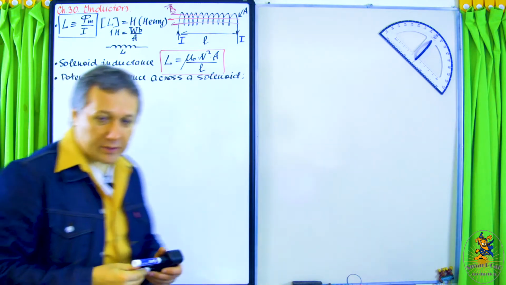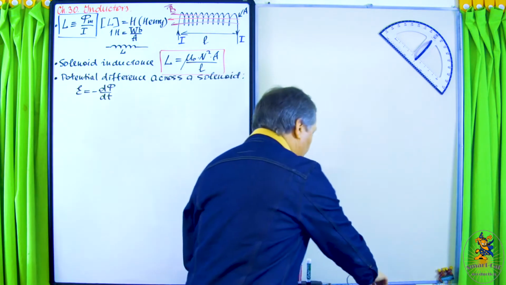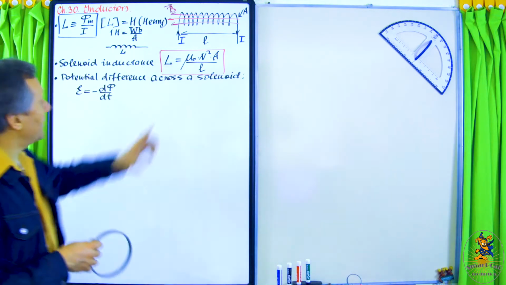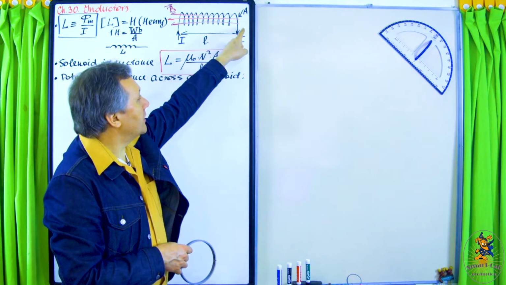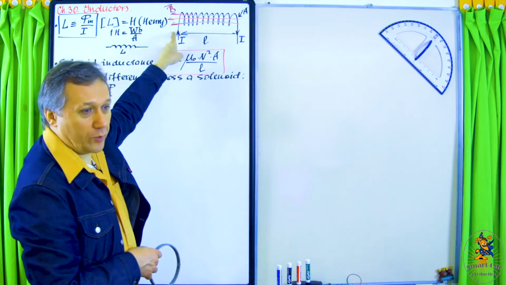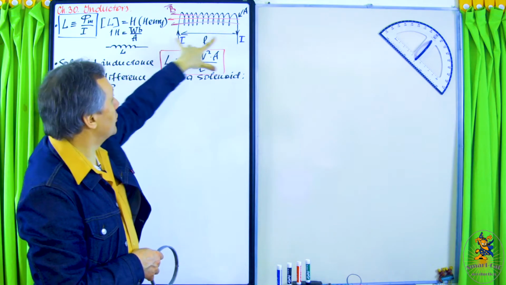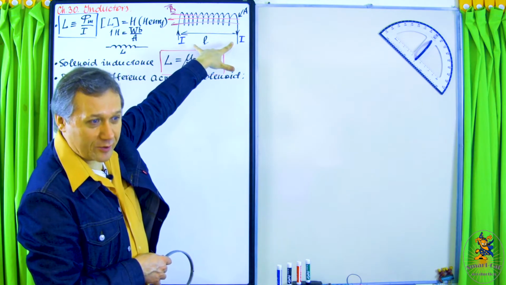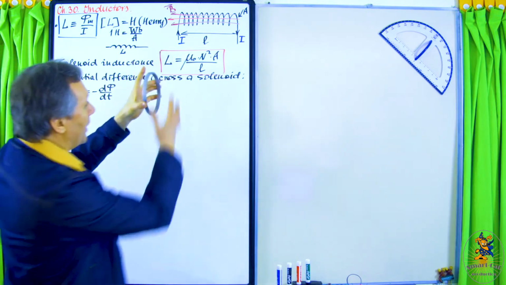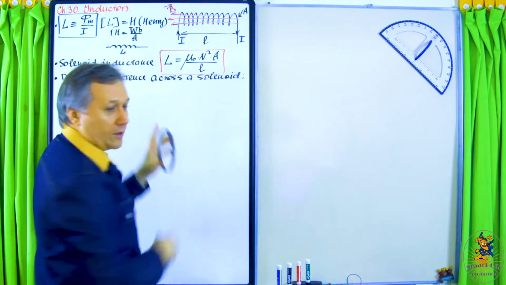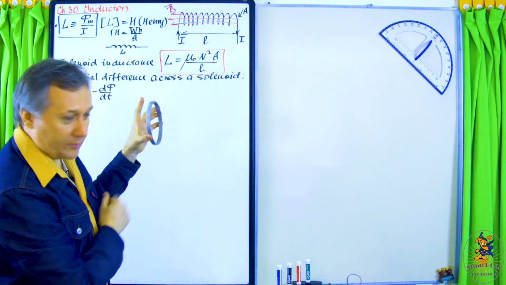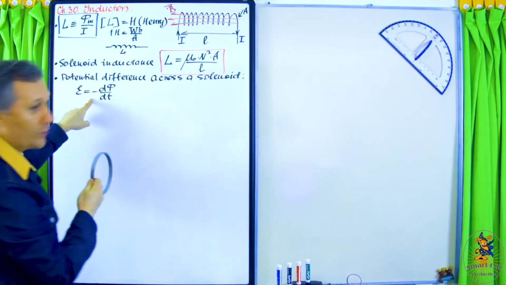Of course, you can ask me how come you use the formula for a loop to find the potential difference between the final point of the solenoid exit and the initial point of the solenoid entrance. We're trying to find delta V across the solenoid. The thing is, a solenoid effectively is just a bunch of loops stuck in the same structure. We can find EMF across the first loop, EMF1, using this formula.